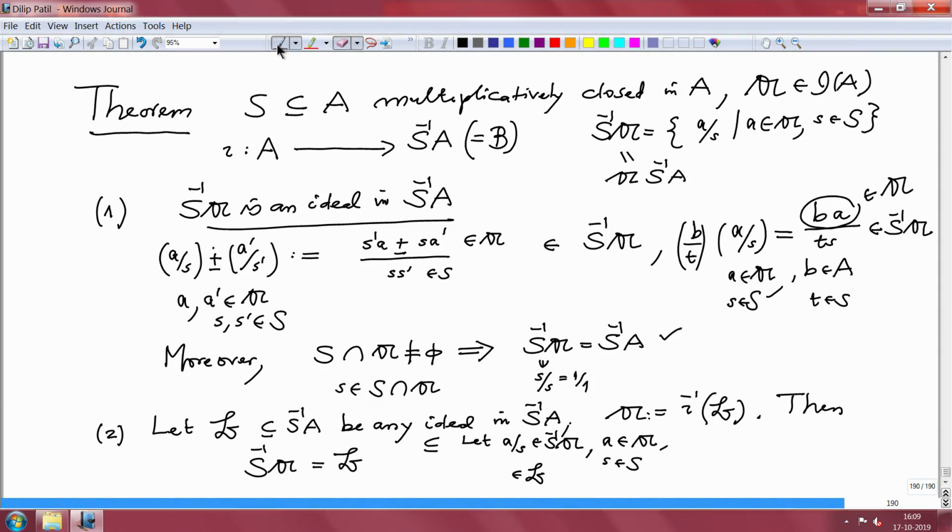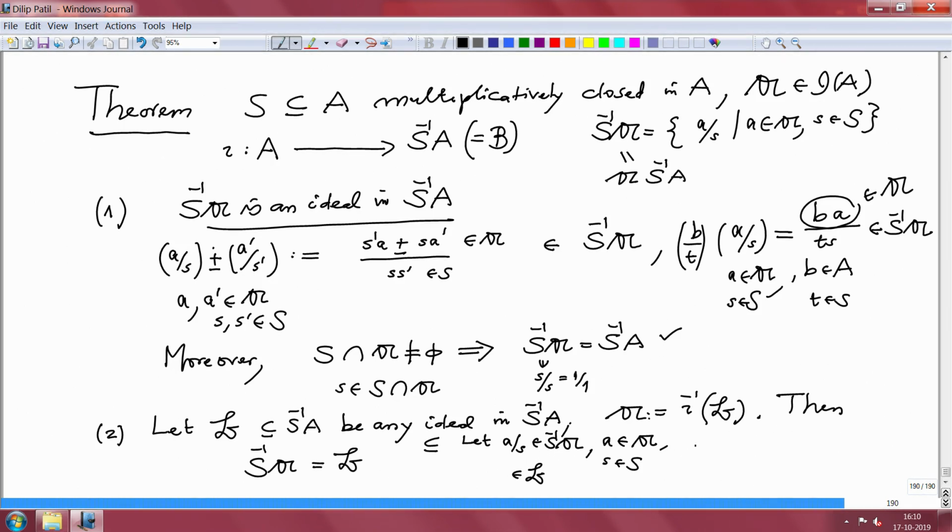Alright, so what is given to us? We are given A by S contained in S inverse A. So this is an ideal, we have already checked.